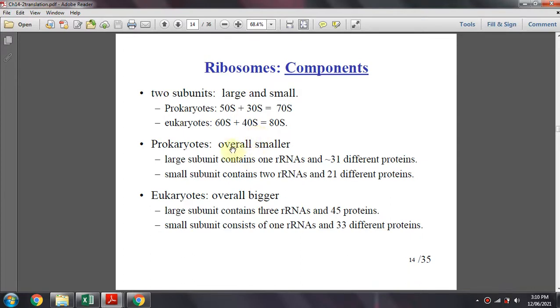The larger and smaller subunits are made up of rRNAs and proteins. The number of proteins is different and the rRNA types present in each subunit are different.